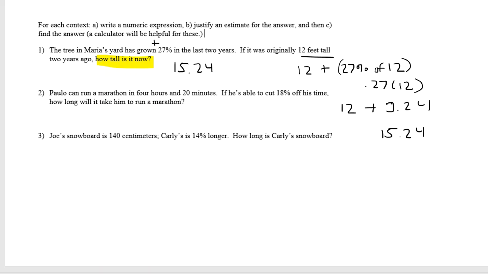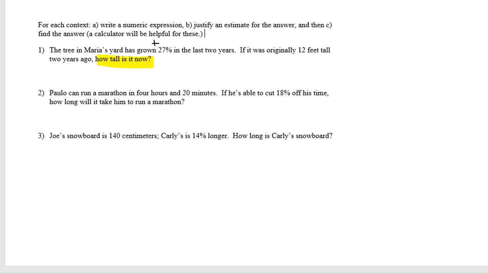Another way we can do this, though, is we can say, okay, the 12 feet that it was originally, that's 100%. And the tree has grown by 27%. And if you add 100% to 27%, that becomes 127%. It was originally 12 feet tall, but it's now 127% of 12.